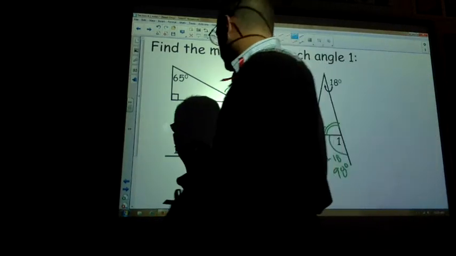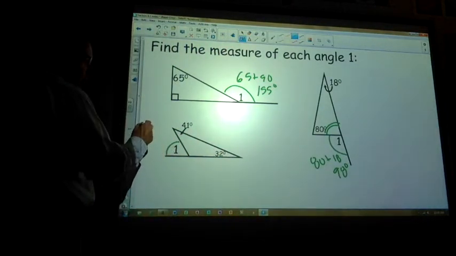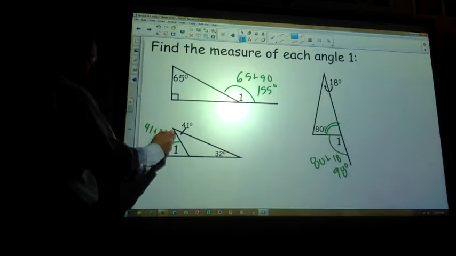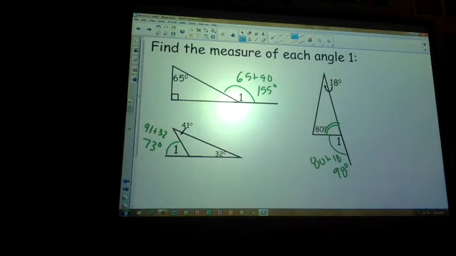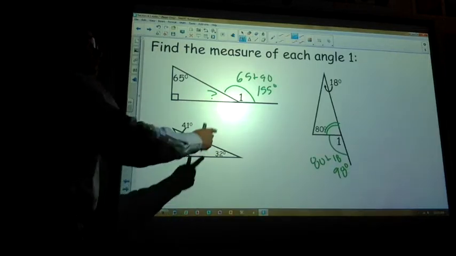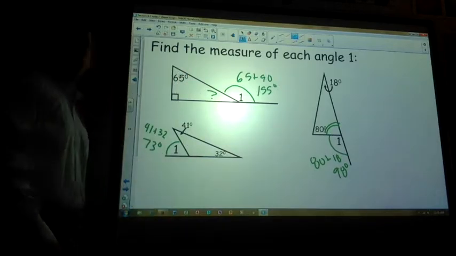What about this one? There's an obtuse angle here, 41 and 32. So angle 1 has to be 41 plus 32, which is 73 degrees. How do you find the other angle in this one? Either this plus this has to equal 180, or this plus this has to equal 180.